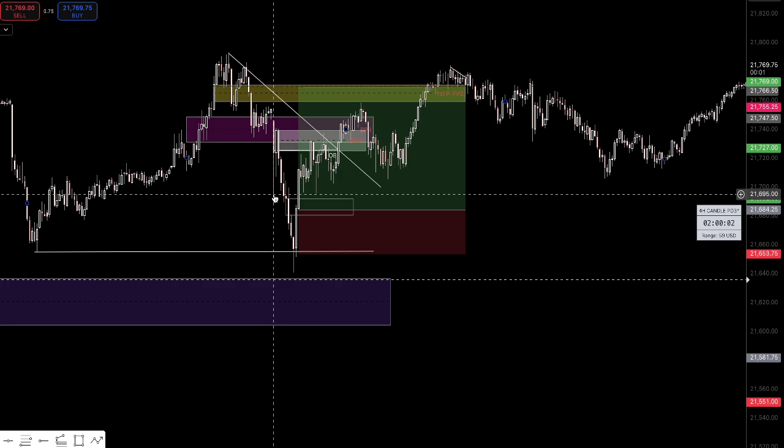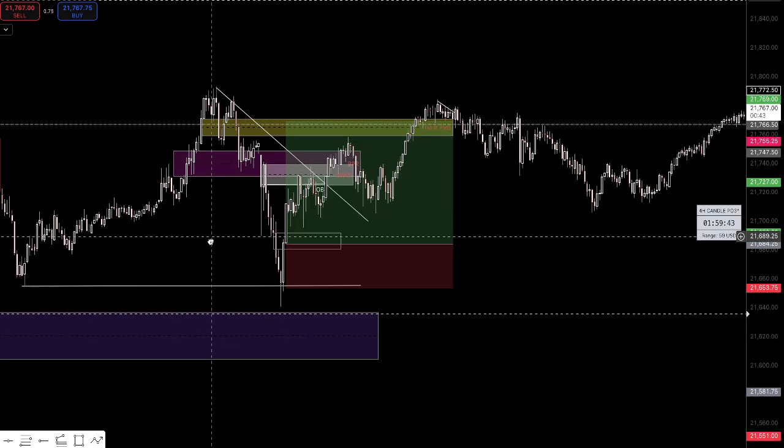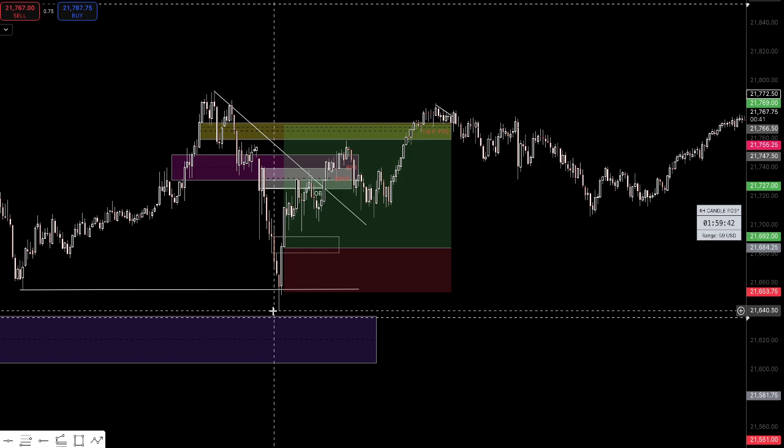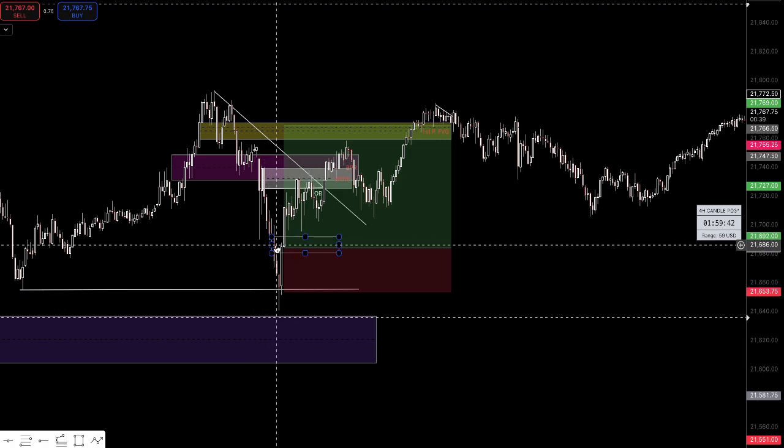I want to put up enough contracts where if I lose, it's just a paper cut, but I don't have to have my trade run 100 or 200 points for my day to be decent. That's a talk you have to have with yourself about what risk you're putting on the table. But anyway, we get into this trade off an inversion.